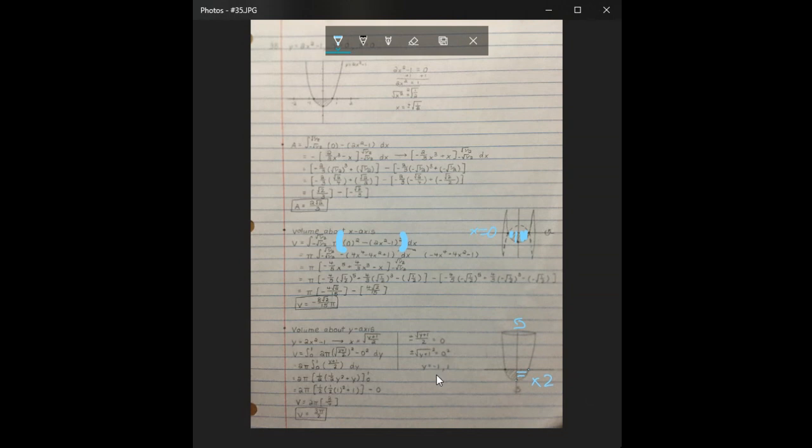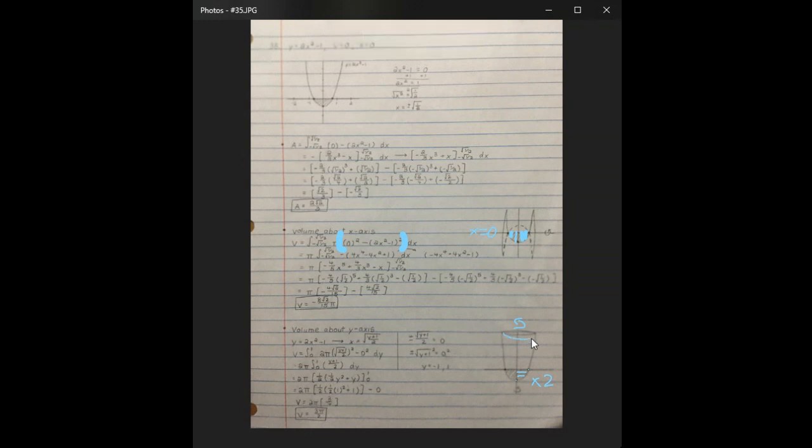Okay, let me do this. You said the radius is this x value, right? Yes. The radius is this x value. So when we rotate this piece, what kind of 3D object can you imagine? Yeah, this kind, right? But we don't have to draw this high, because we don't have this high.